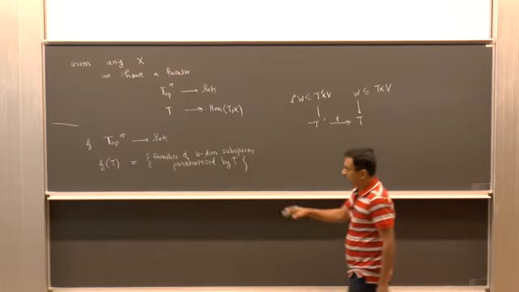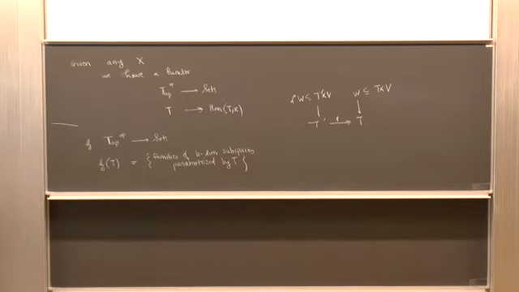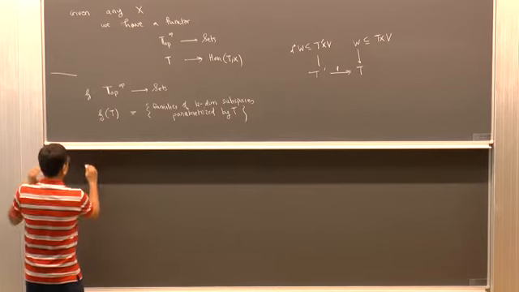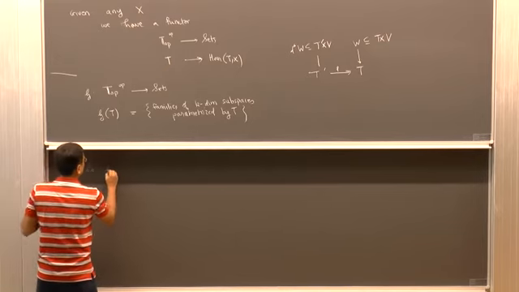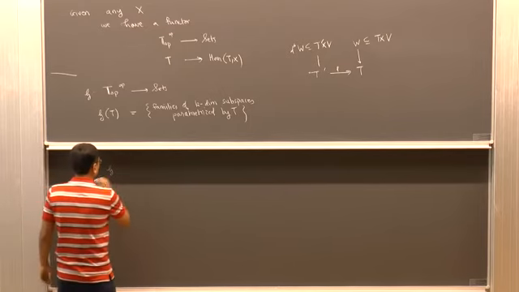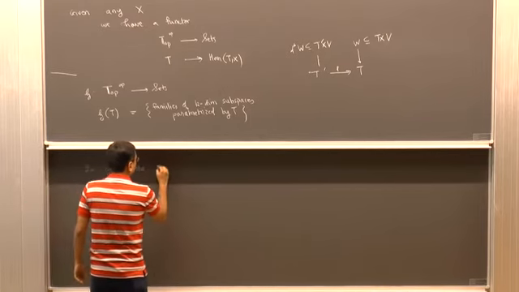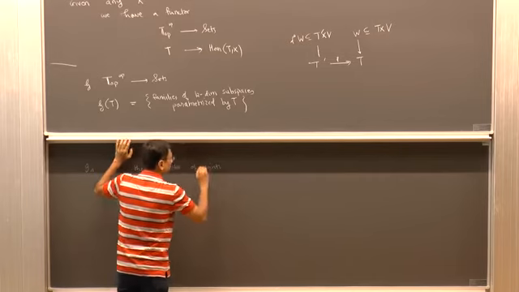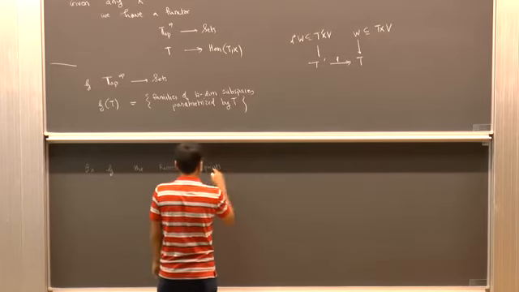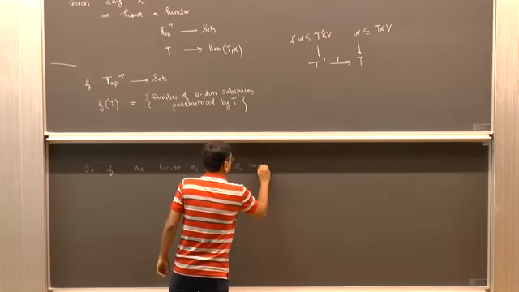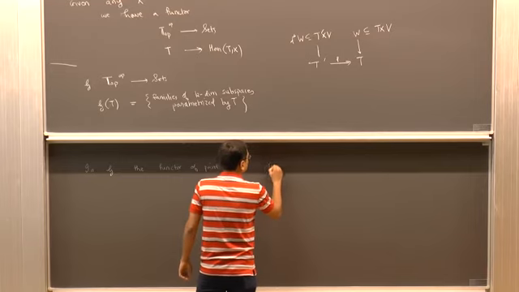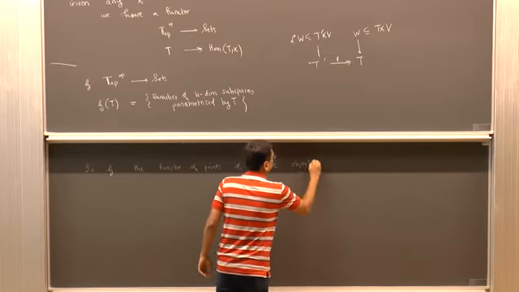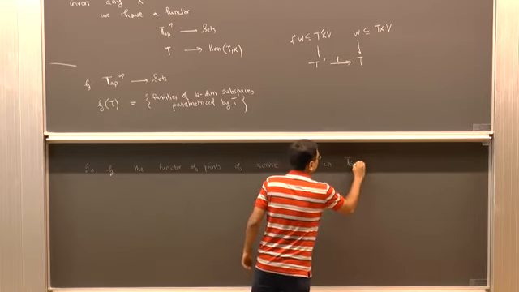So this actually defines a contravariant functor, and the question we are posing is: is the functor G the functor of points of some object in this category of topological spaces?